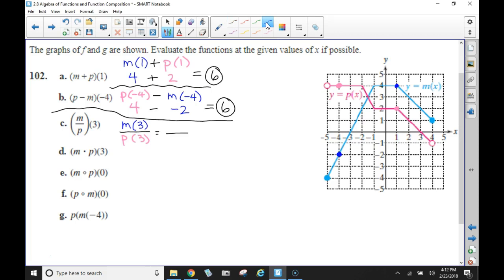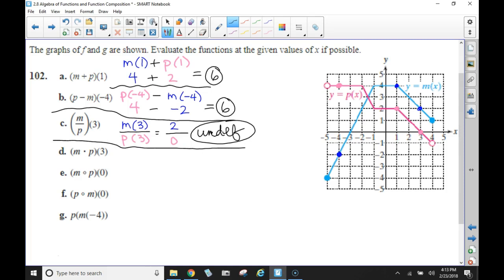M evaluated at 3 is 2. P evaluated at 3 is 0. And so M divided by P evaluated at 3 is undefined.